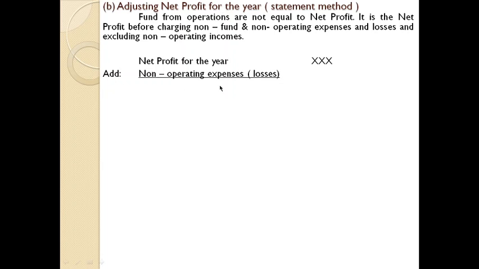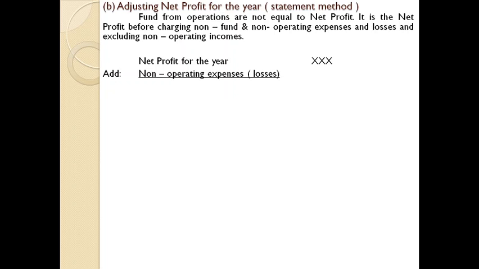Actually, in this statement, we are reversing what was done in the profit and loss account. In the profit and loss account, we were deducting non-operating expenses. So, in order to get the actual fund from operations, you need to add back non-operating expenses. Whatever you have done in the profit and loss account statement, you will be doing the reverse of those steps in this fund from operations statement.